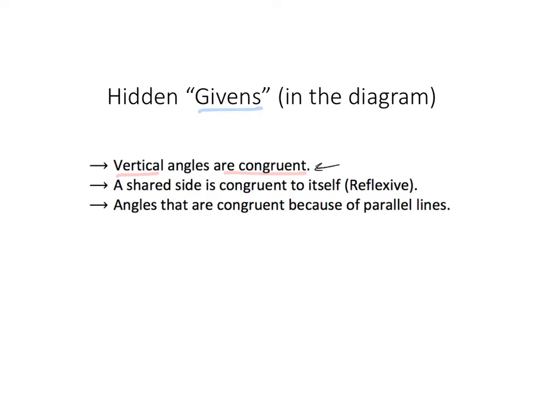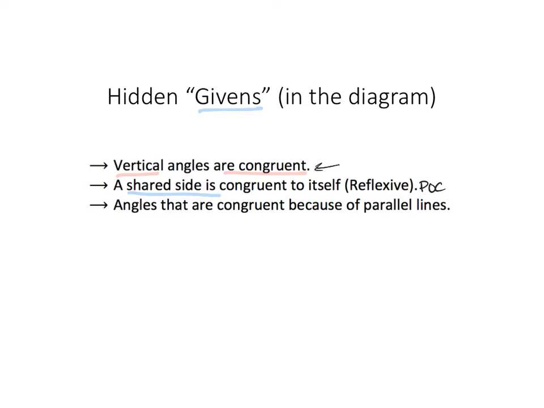You don't have to remember the name of that theorem. The other thing is shared sides. If a side is in both triangles physically, it is congruent to itself, and the reason for that would be the reflexive property of congruence.